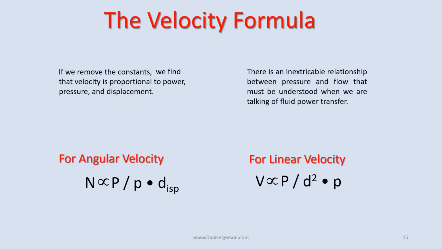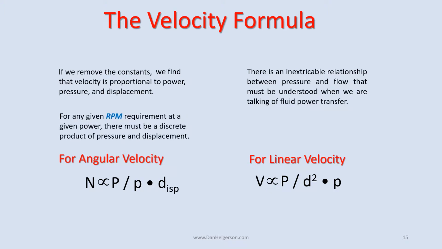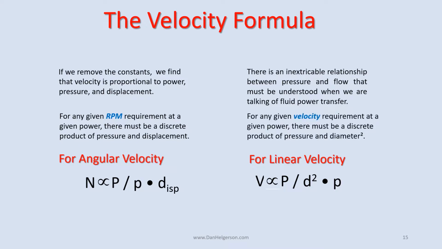There is an inextricable relationship between pressure and flow that must be understood when we are talking of fluid power transfer. For any given RPM requirement, at a given power, there must be a discrete product of pressure and displacement. For any given velocity requirement at a given power, there must be a discrete product of pressure and diameter squared.